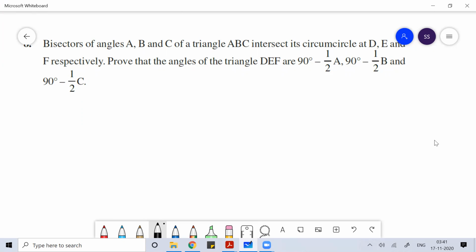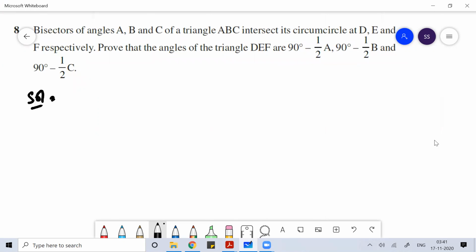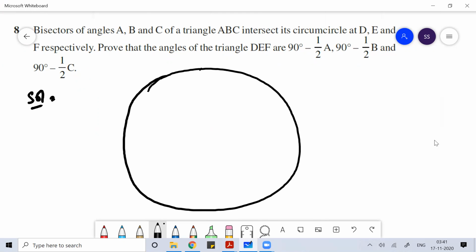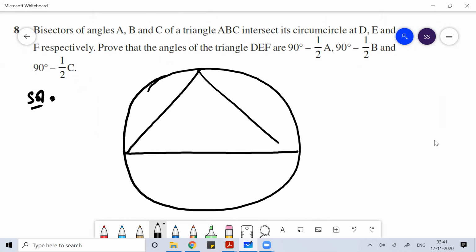So, the bisectors of angles A, B, and C of triangle ABC.